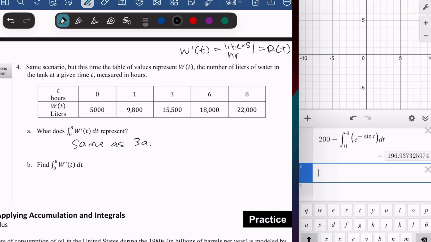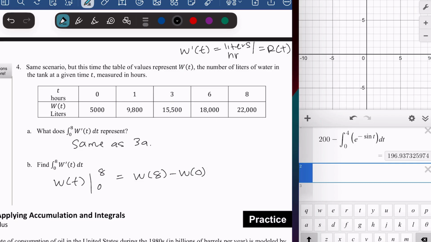Okay, B says find the integral from 0 to 8 of W prime of t dt. Okay, well, if we take the integral of something's derivative, then really we get the function, W of t. Okay, and then we would solve it from 0 to 8, which is the same as saying W of 8 minus W of 0.